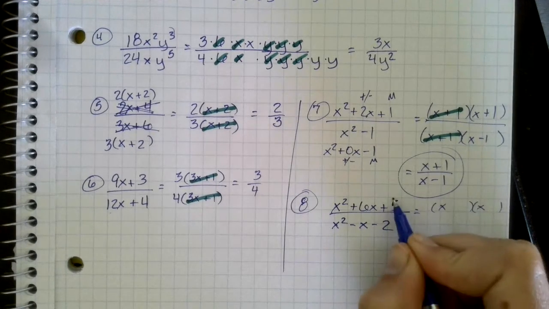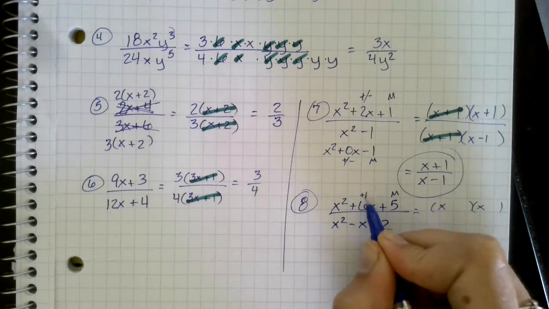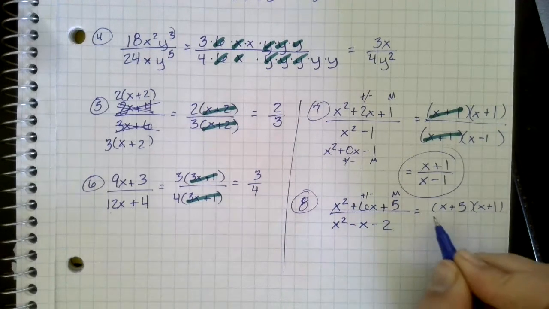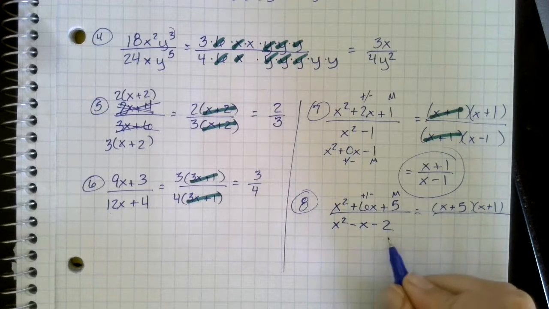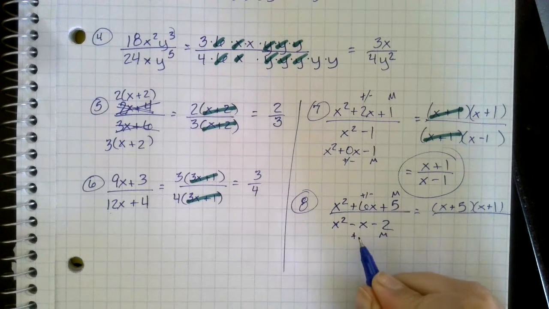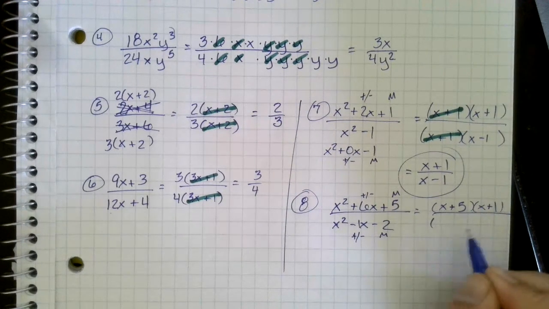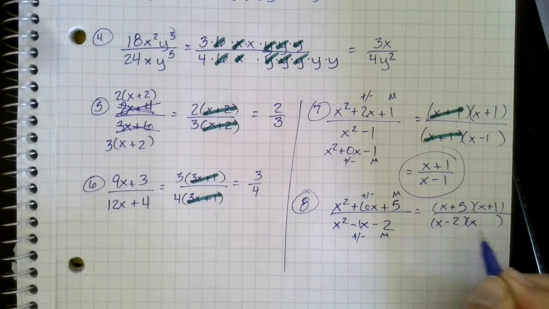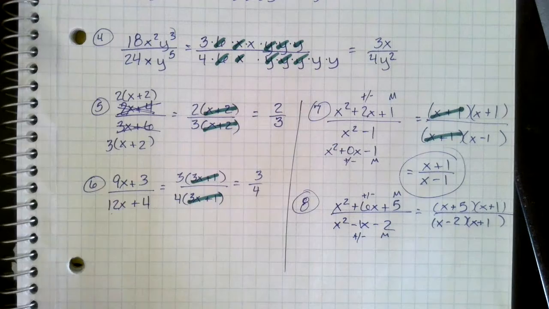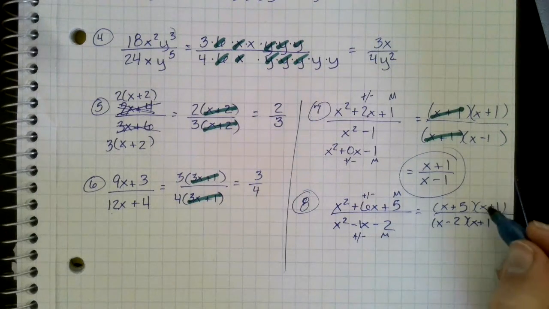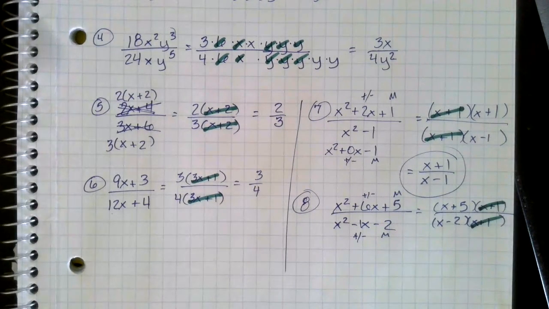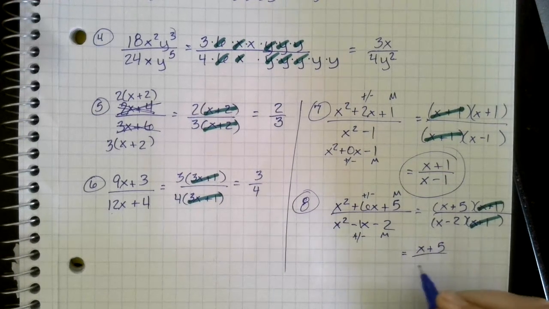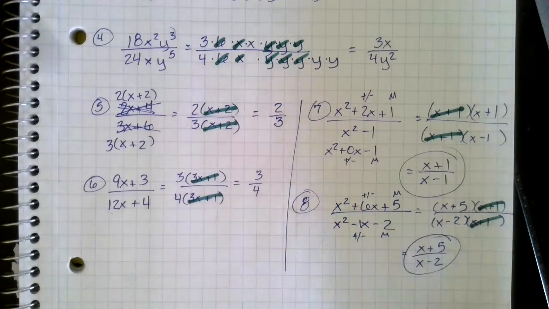So x and x, multiply to give you 5, add or subtract to give you 6 is going to be 5 and 1. On the bottom, multiply to give you -2, add or subtract to give you -1 is going to be -2 and +1. Then it becomes pretty clear. These cancel out, so I am left with x plus 5 and x minus 2.